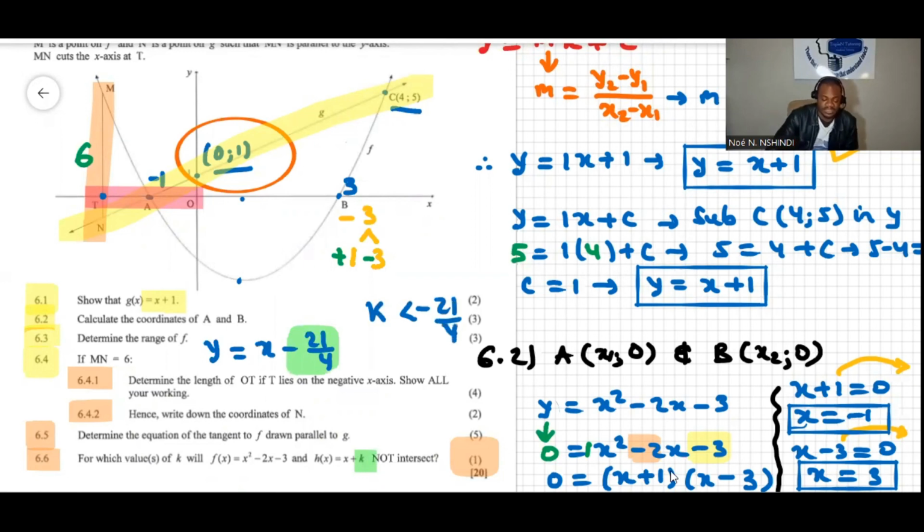If it is lesser than that, the two graphs will never meet. One will just come somewhere, they will never meet.